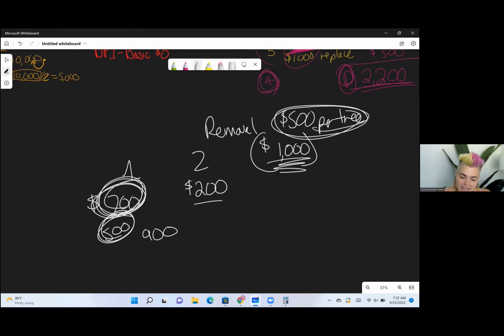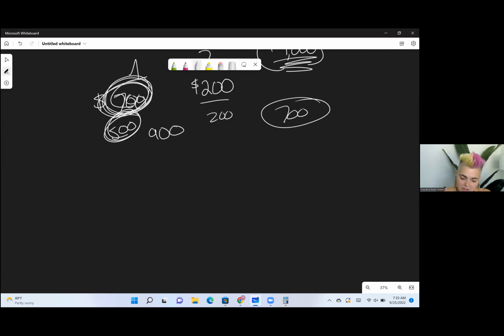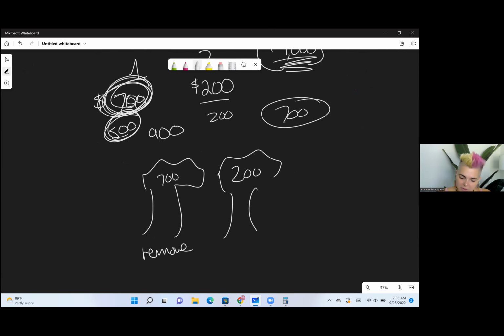So each tree can only get up to 500. So if you have a $700 tree, you'll get 500 for that one. $200 tree, you get 200 for that one. Your answer is actually going to be 700 for removal. So you have 2 trees. Again, let me show you. They said tree 1 is $700 to remove. Tree 2 is $200 to remove. You get $1,000 max. You may look at this and think, oh, well, 7 plus 2 is 9, which is below the max, so I'm good.